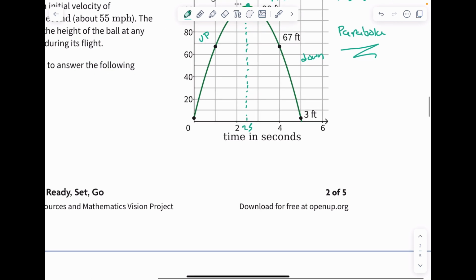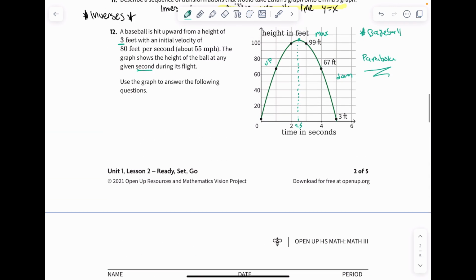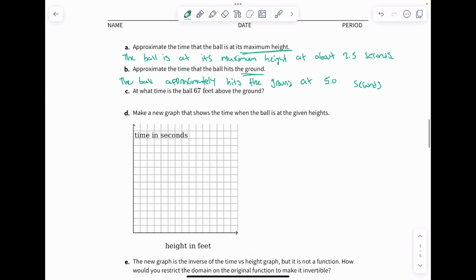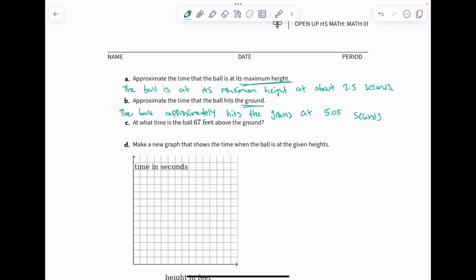Maybe a little bit more than 5 seconds. Like we can just do about 5.05 seconds if we want to be a little bit specific. And the reason being is that at 5, you actually hit 3 feet. So it needs to be a little bit further down, right? So let's just do 5.05 seconds, okay?